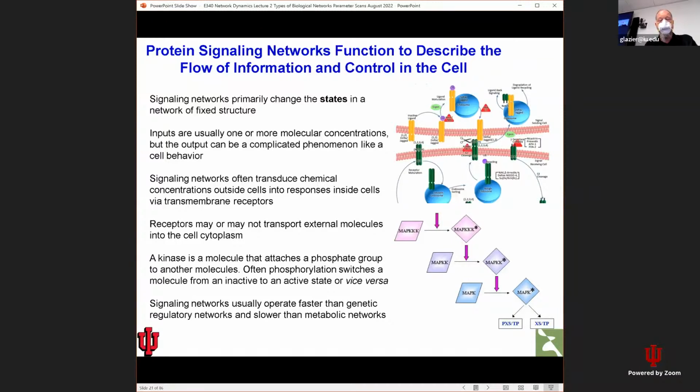In signaling networks, there's often a concept of an activated and inactivated state. Typically, the phosphorylated molecule is the active one because it's going to become active by transferring that phosphate to somebody else. But it's not always true. There are molecules which are active without the phosphate and inactive with the phosphate.